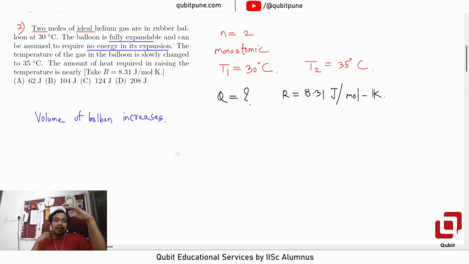But we take it as the volume of gas increases, because expansion of the balloon does not require any energy. It's only the increase in the volume of the gas, right? It is fully expandable.